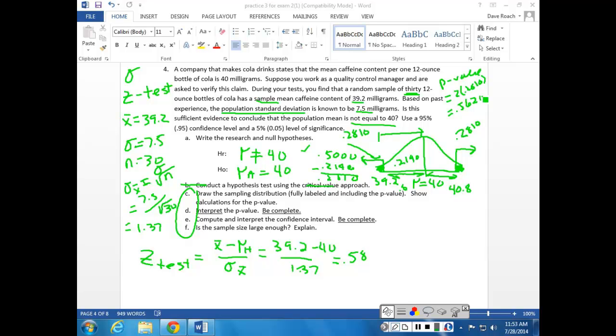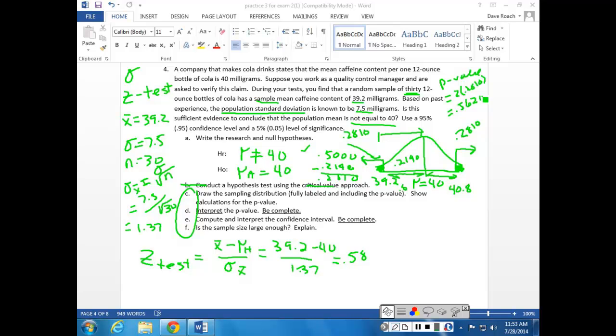I get a p-value of 0.56. Pretty close. There's going to be some rounding because their z-value is minus 0.584. They can calculate, we're just using a table. So the p-value is 0.5620.